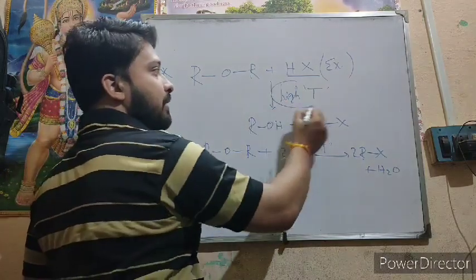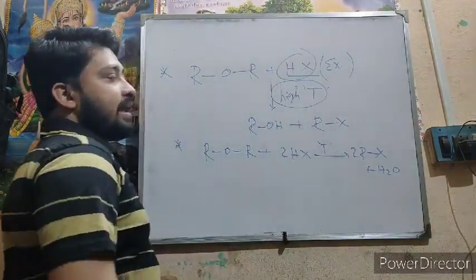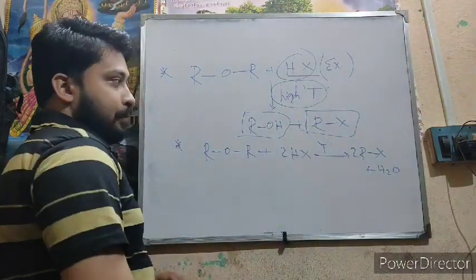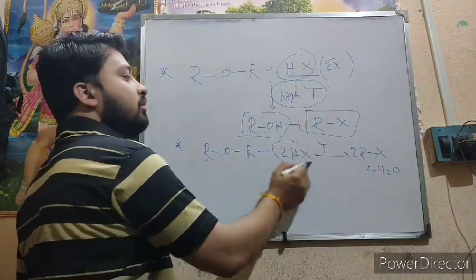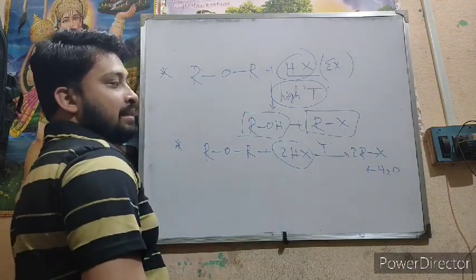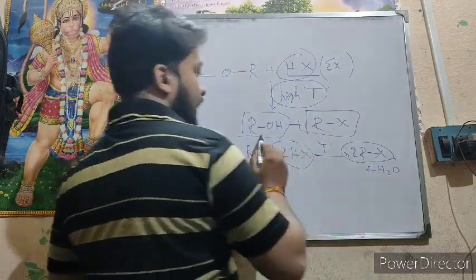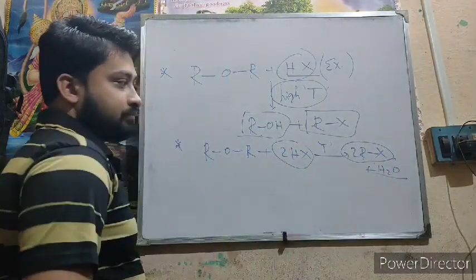If you use high temperature with excess HX, you get alcohol as well as the haloalkane. But if you use limited HX, you get RX, that is haloalkane, but you do not get alcohol, you get water.